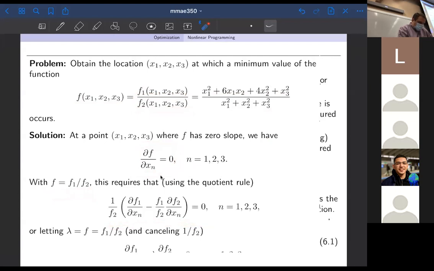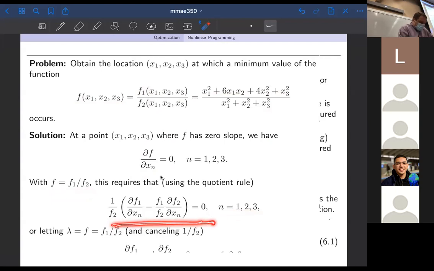So I have partial f1 partial xn, minus f1 over f2 partial f2 partial xn, all over f2, and that has to be equal to 0. Again, that's just applying the quotient rule to this f is f1 over f2. That's all it is. So now I have 3 equations, because n is 1, 2, and 3. So now I have 3 equations that I set equal to 0.